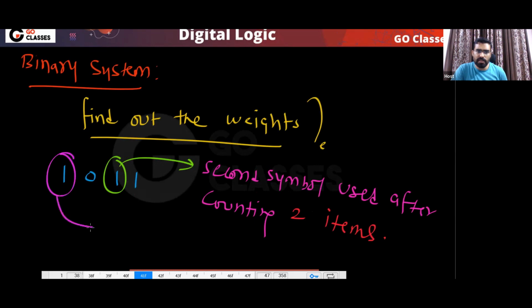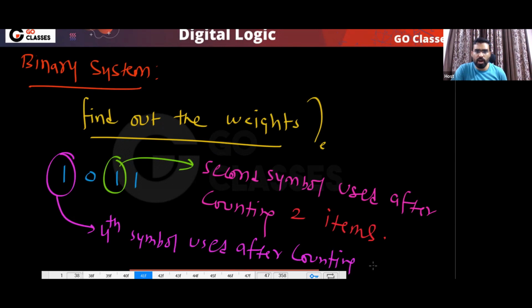And what does this mean? This fourth symbol I am using is used after counting how many items? After counting 8 items. After counting 8 items, you will use this. I hope this point is clear.